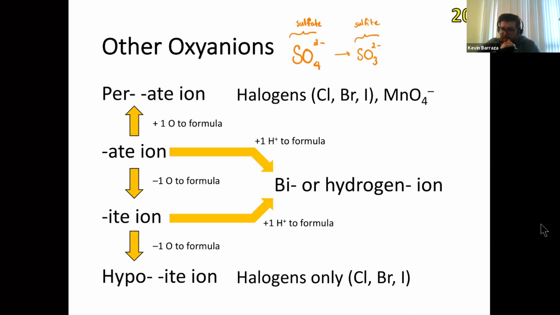That's how it works. So my recommendation is to memorize the ate ions first and then use the pattern to get the others. If I take this and I add H and a plus to it, I get HSO4-. This is bisulfate.